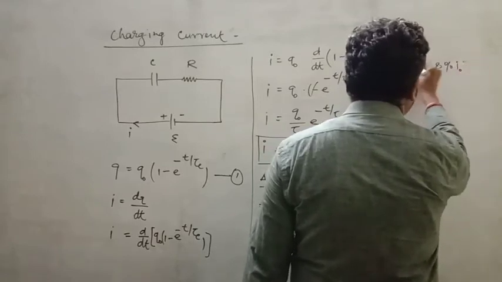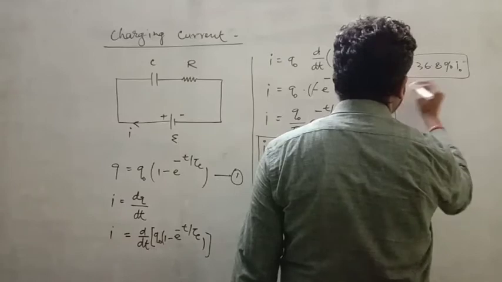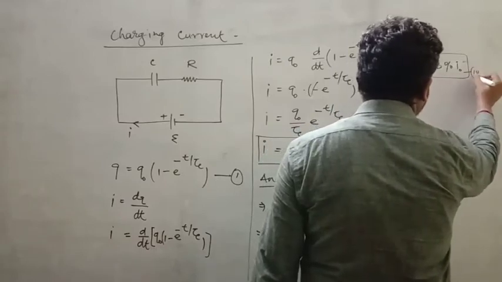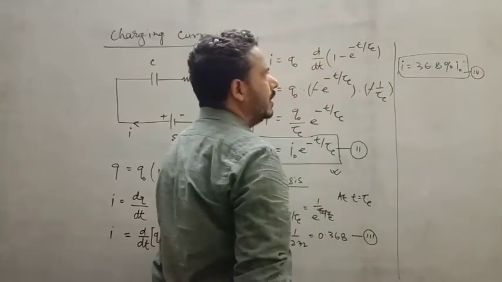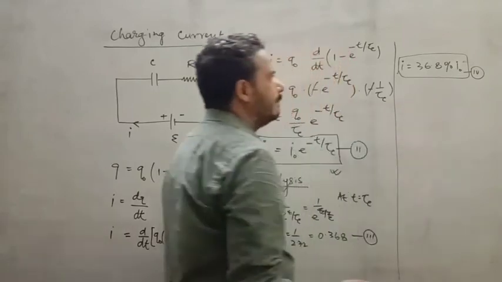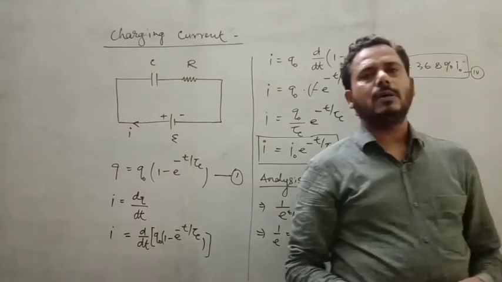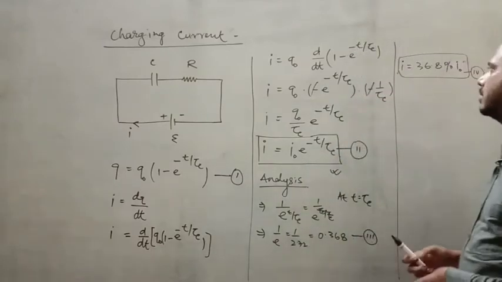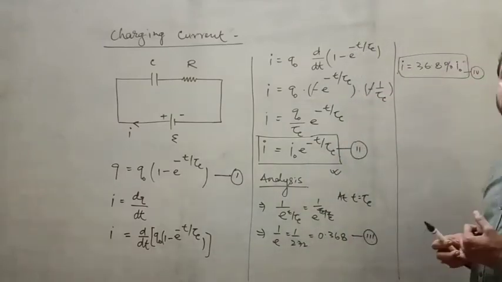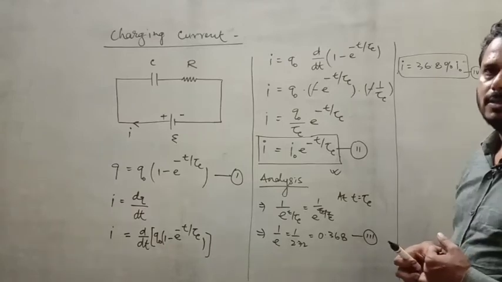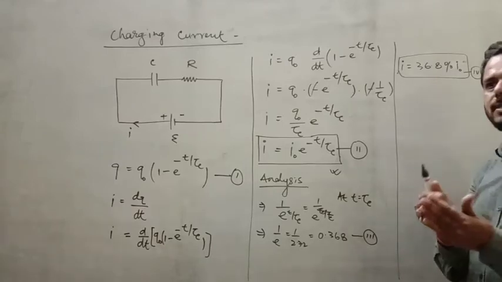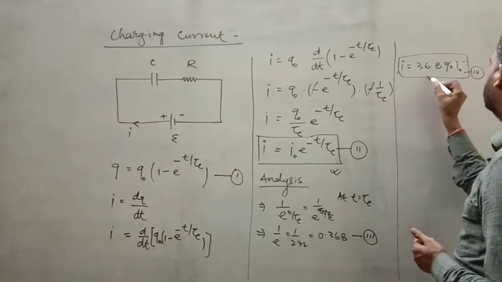Okay, so this one is our calculation, this one is the next equation. So here we are getting that your I at tau c is only 36.8% of I naught, that is of maximum current only. That means it decreases up to this only.